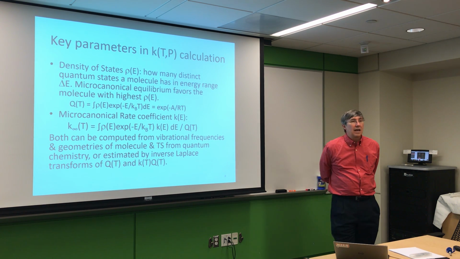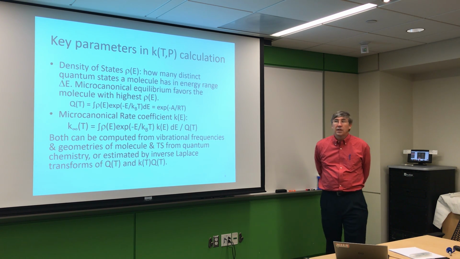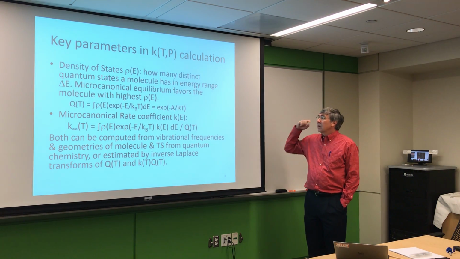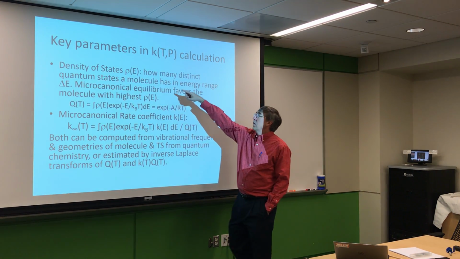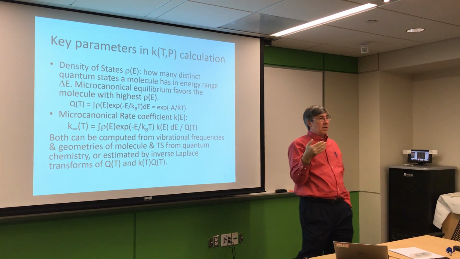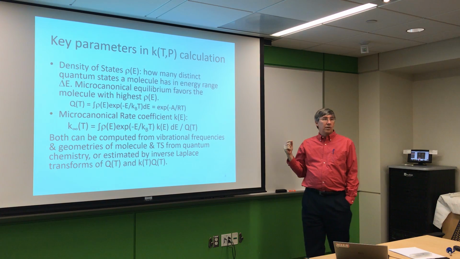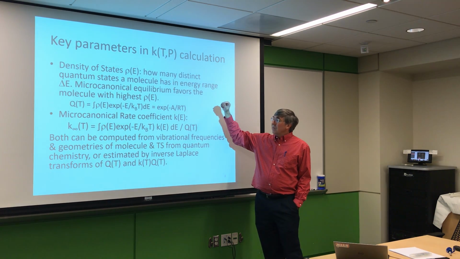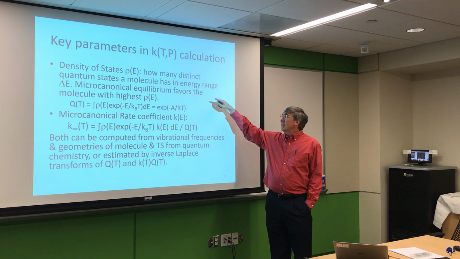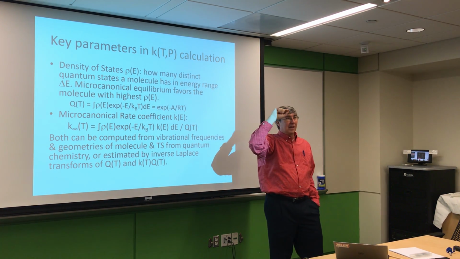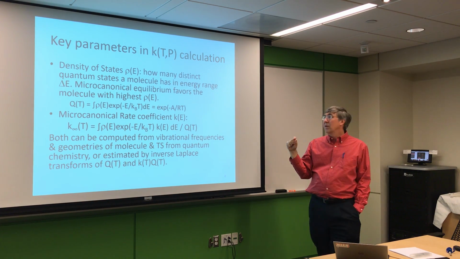All right, so if you're going to try to calculate these rates, the K of T and P, what do you need to know? There's two really important things. One is you have to know what's called the density of states, which is how many quantum states are in each energy interval. These things are something like the free energy or the entropy in the microcanonical point of view.